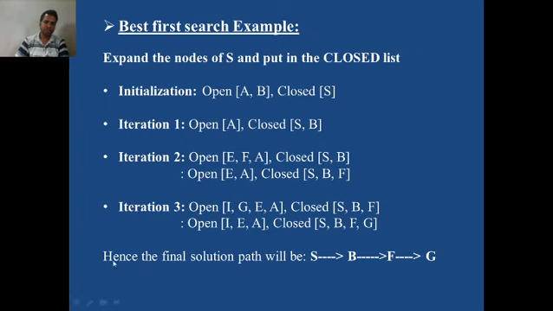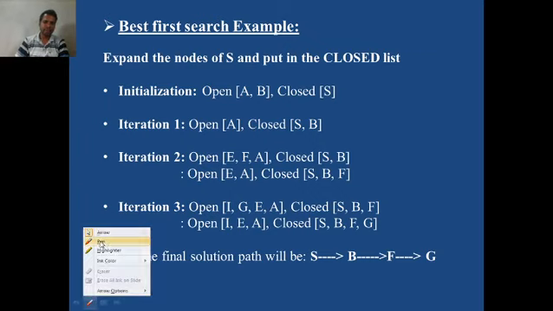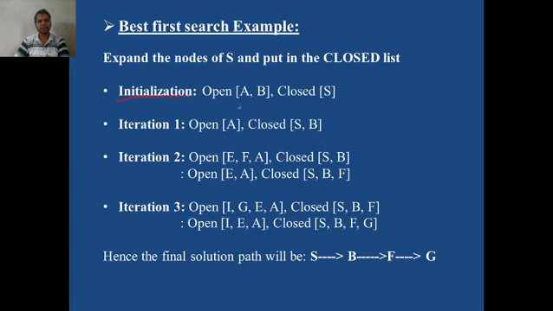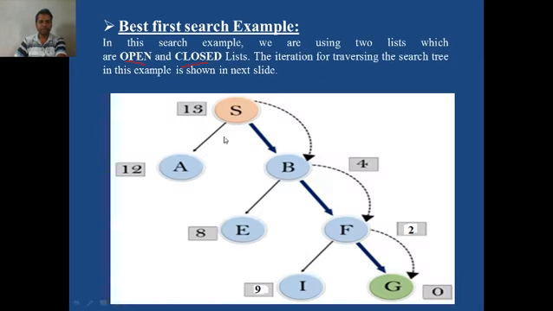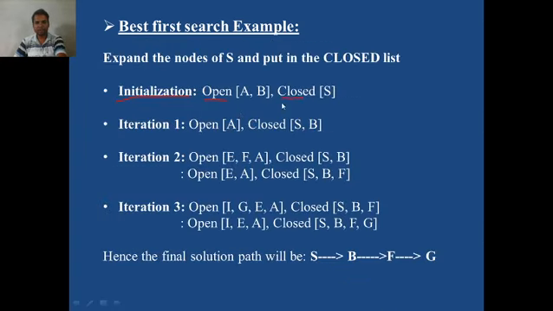Iteration initialization: first of all you need to initialize the problem. At the time of initialization you need to maintain open and closed list. So for the initialization phase, the agent is somewhere here, that means node A and node B are not yet explored, that's why S is in closed list, and A and B nodes are in open list because they are not yet explored or traversed at the initialization.